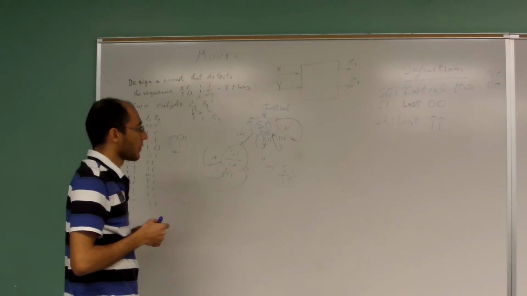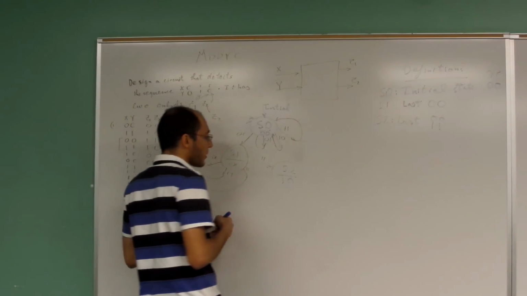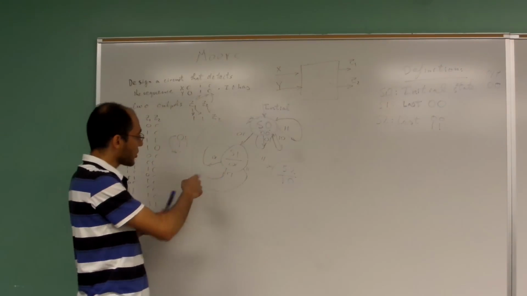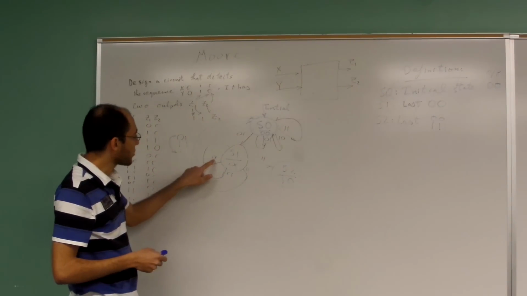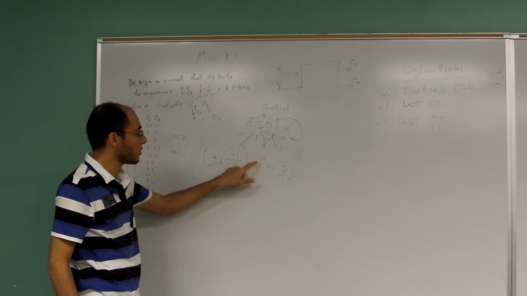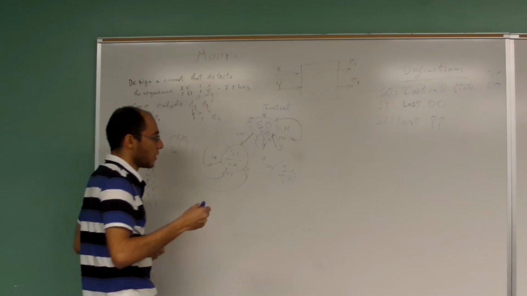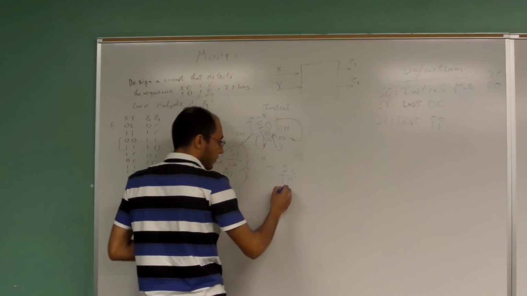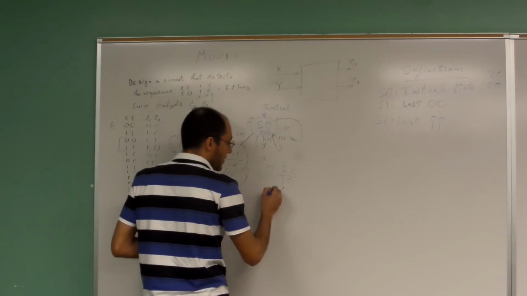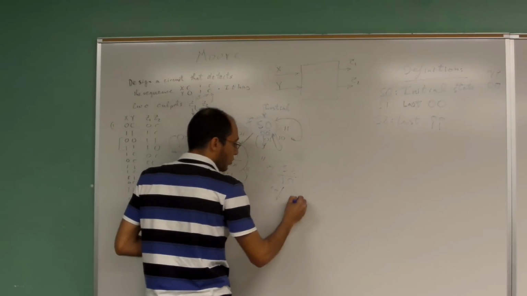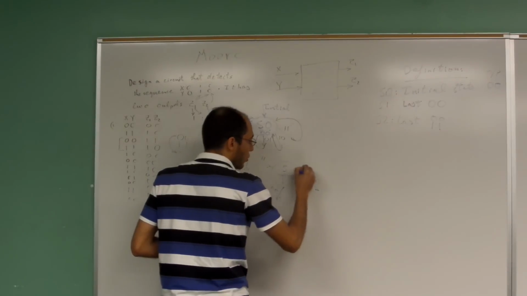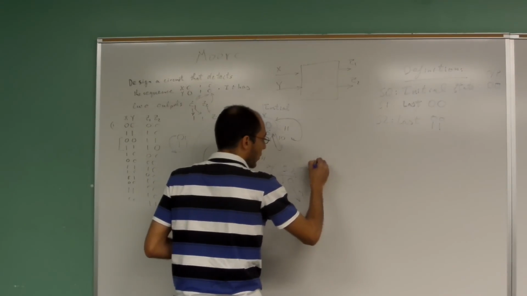Alright. Let's first finish S1. Have we finished S1? Yes, we did consider 0, 0. We considered 0, 1, 1, 0 and 1, 1. So, let's have a look at S2. I could receive 0, 0, or 0, 1, or 1, 0, or 1, 1.